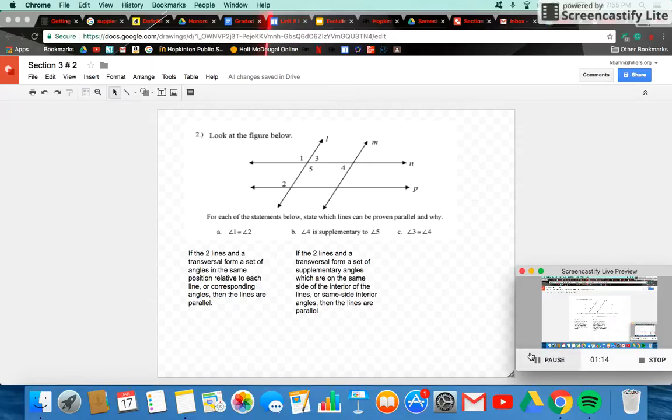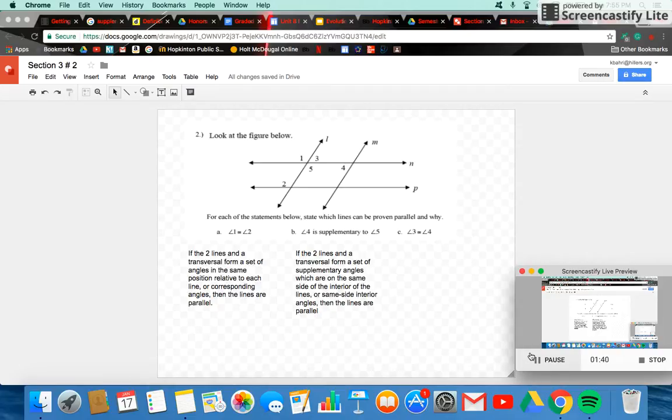Okay, so answering part B, I have if the two lines and a transversal form a set of supplementary angles which are on the same side of the interior of the lines, or same side interior angles, then the lines are parallel. All right, so this is basically the converse of the same side interior angles theorem.